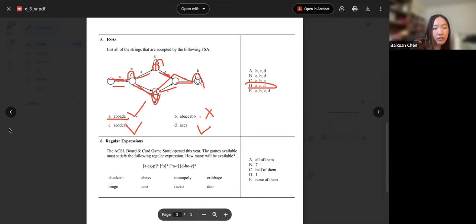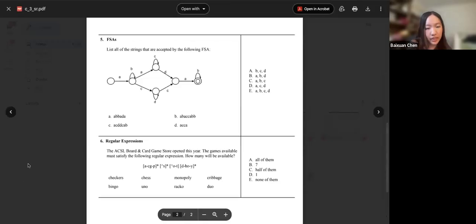And then for regular expressions, we test the ACSL board games, and we see which one satisfies this expression. My strategy when I did this problem was that for most of them I just saw if they went through here and ignored the first test case.